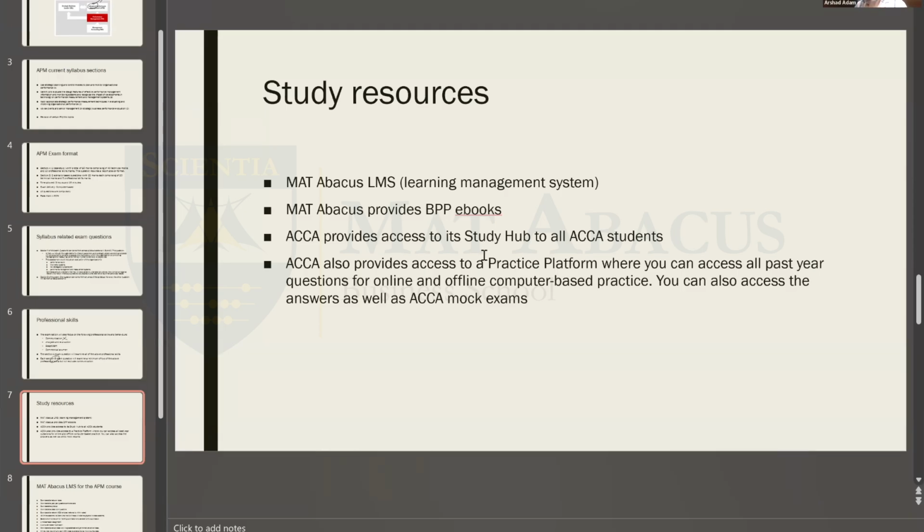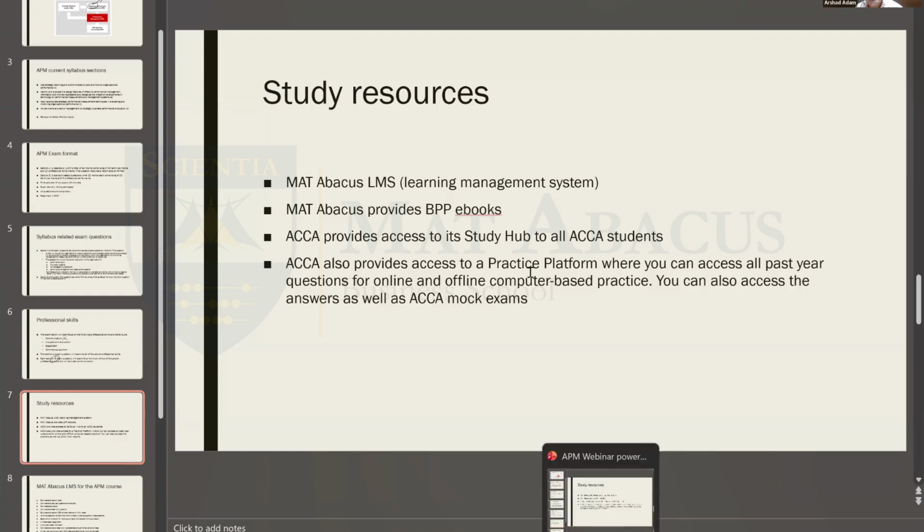At the lower levels, the study hub has a lot of short questions I ask students to practice. At our level, maybe it's a bit redundant. On the other hand, the ACCA practice platform is very important because that's where all the past year questions are. You might say, but you also give us the past year questions. I do.